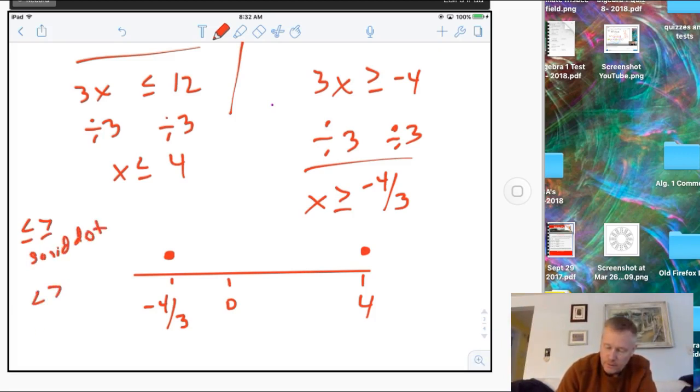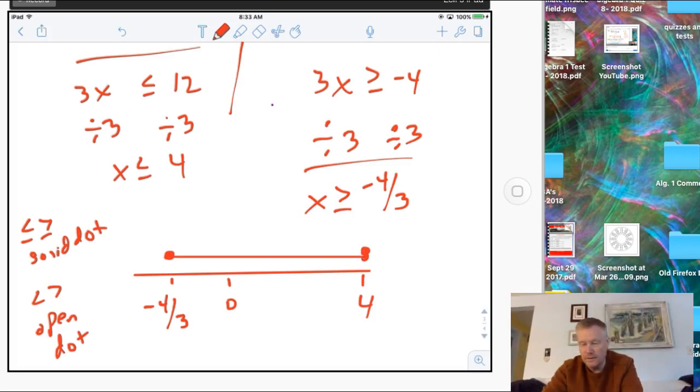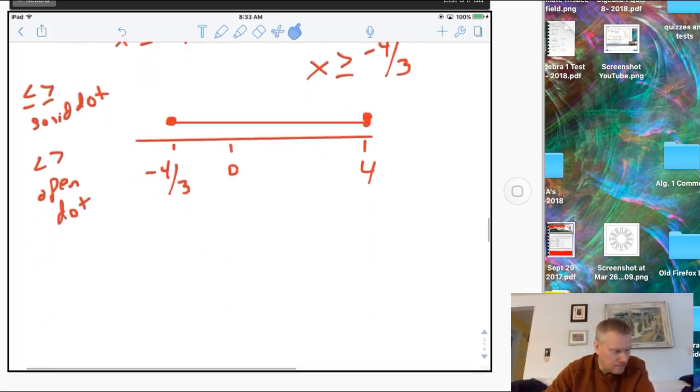If it's one of these two, it's open dot. All right. And let's see. Less than or equal to 4, that's this way. Greater than or equal to negative 4/3 is this way. So they're going to meet in the middle. So I'm going to connect the dots. There we go. And that's the answer. And it's graphed.